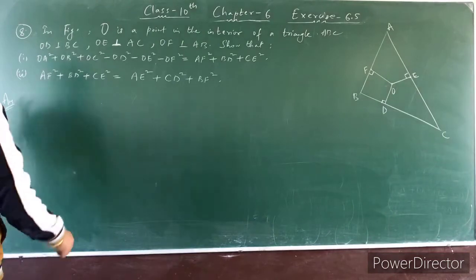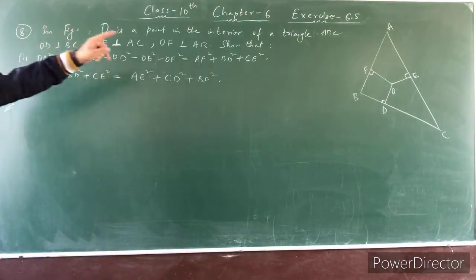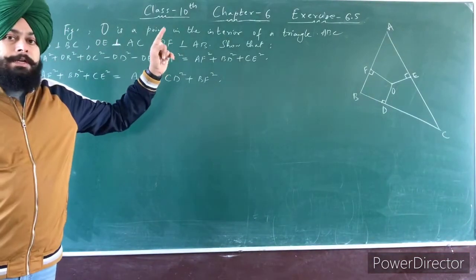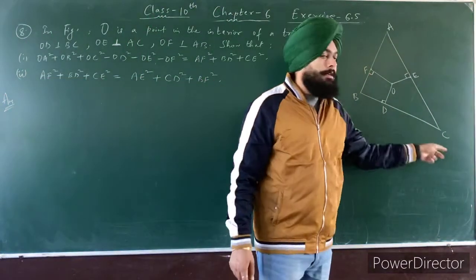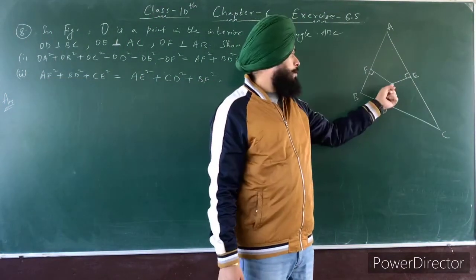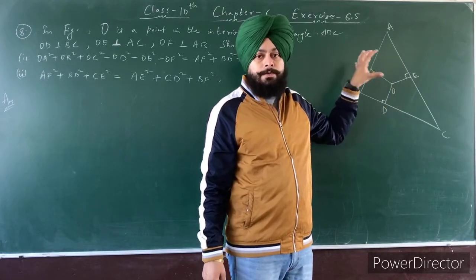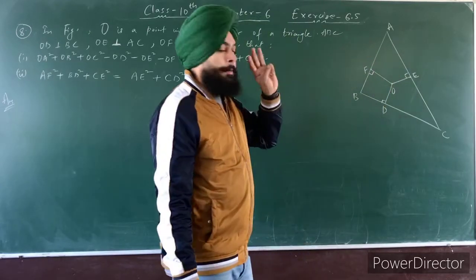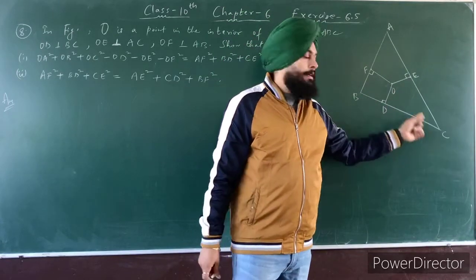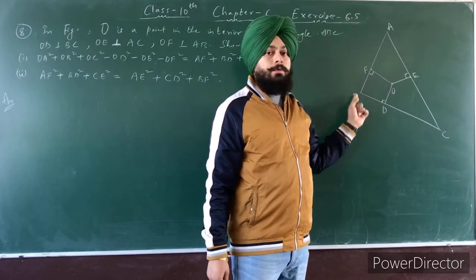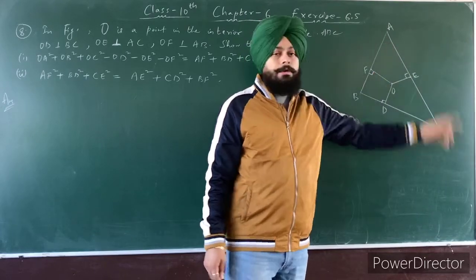Next, this is your question number 8. In figure, O is a point in the interior of a triangle ABC. So ABC is a given triangle in which O is a point in the interior of this triangle. And there are three perpendiculars given. First is OD perpendicular to BC, OF perpendicular to AB, and OE perpendicular to AC.